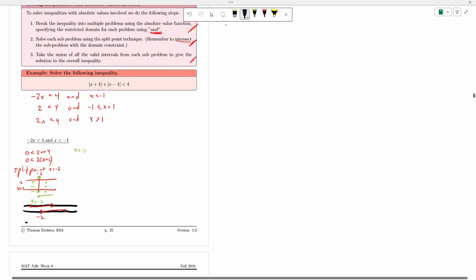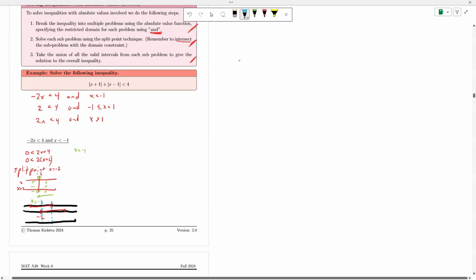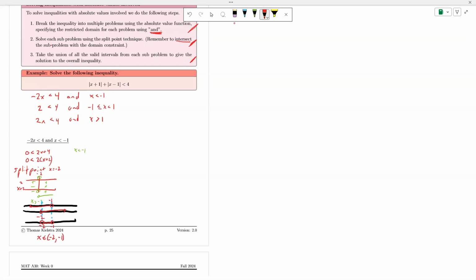Intersecting these two constraints is going to give us the open interval from -2 to -1, so x is in (-2, -1).